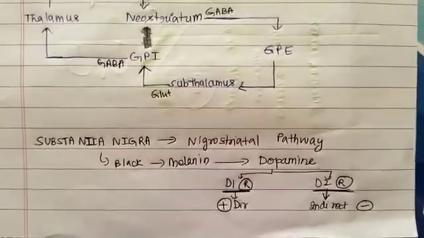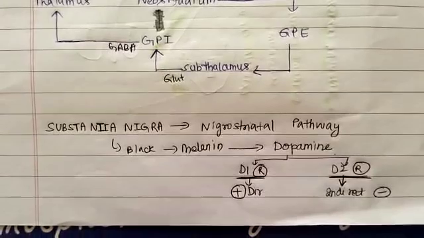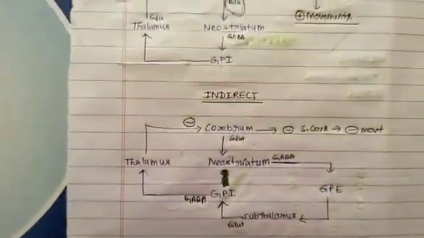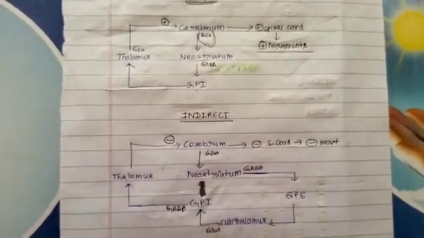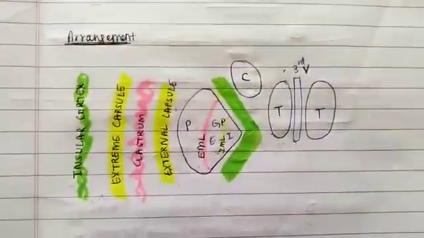This dopamine acts on two receptors, D1 receptor and D2 receptor. D1 receptor is stimulating the direct pathway, D2 receptor is for indirect pathway. So this is about the pathways in simple, and the parts of the basal ganglia and the structural arrangement of the basal ganglia, that is from medial-most structure to that of the lateral-most structure. Thank you.